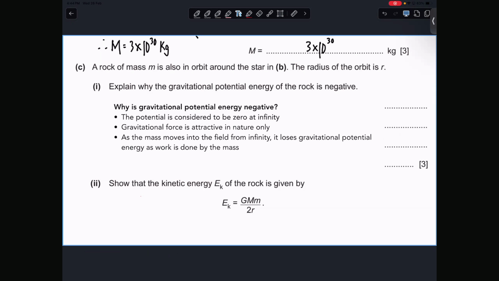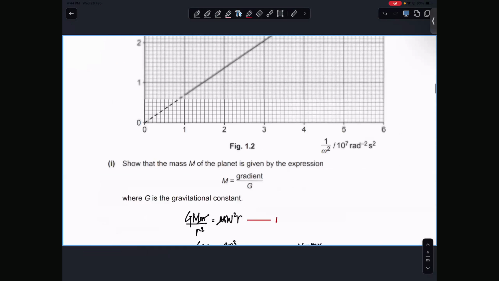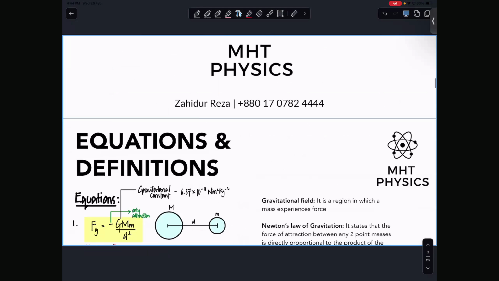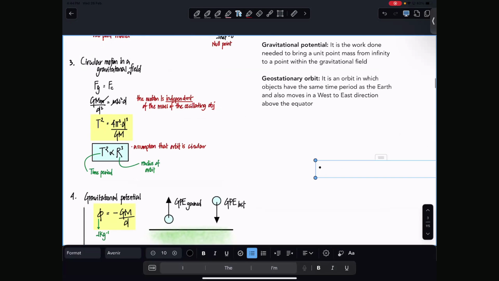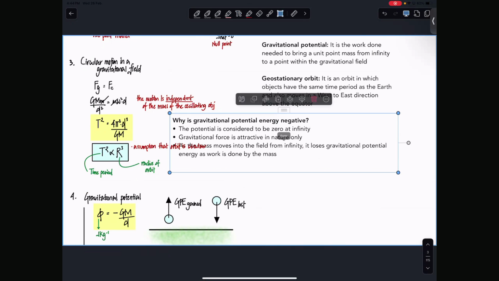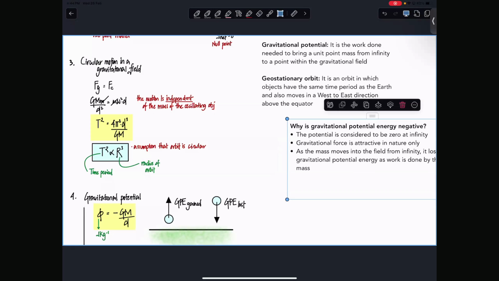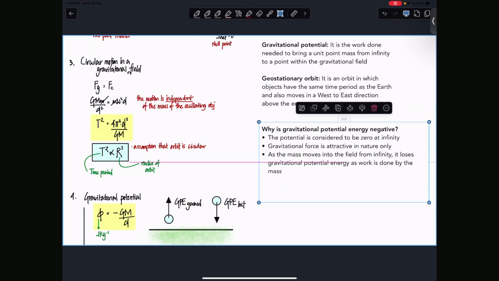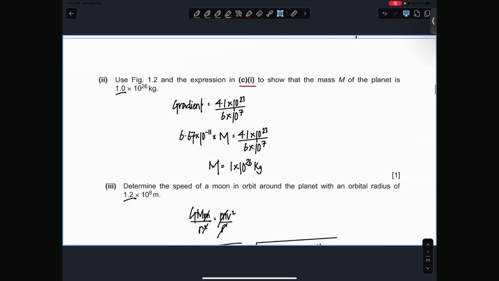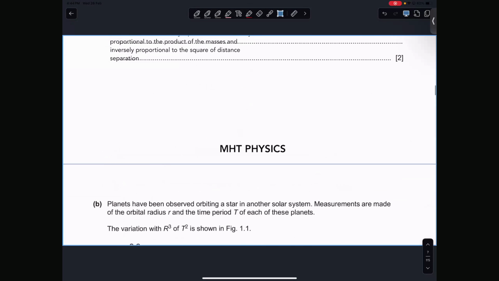In the mark scheme, sometimes they write that point: the work is done to move it to infinity. You can write that.